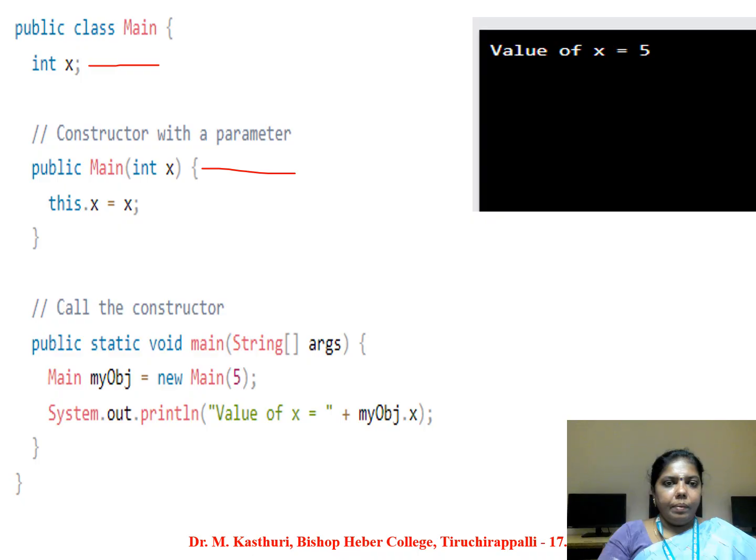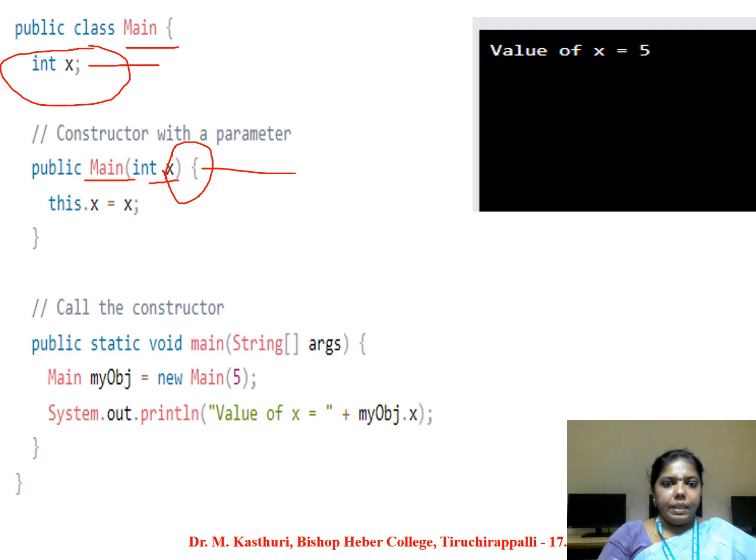Why I specify this is the constructor, because method name as well as class name is the same. That is why this is called a constructor. It is also a parameterized constructor because it contains one variable. This x is called instance variable. This x is called local variable.